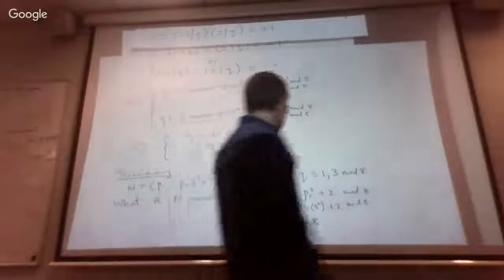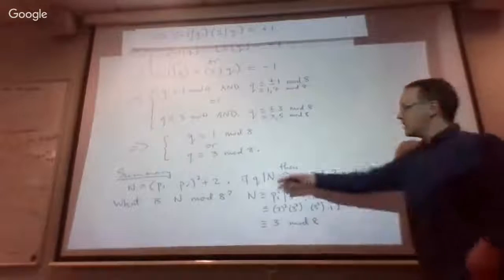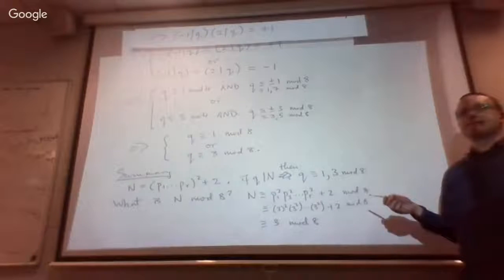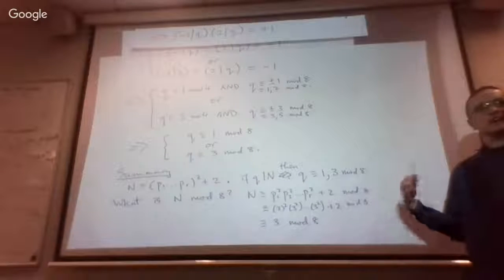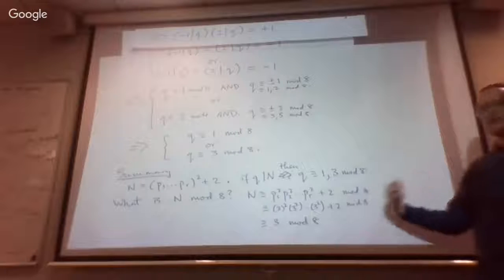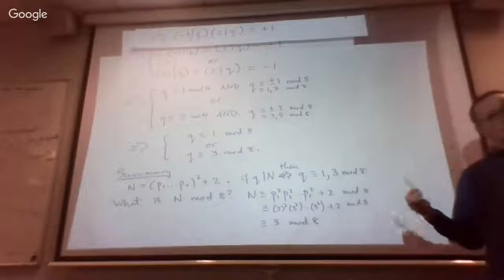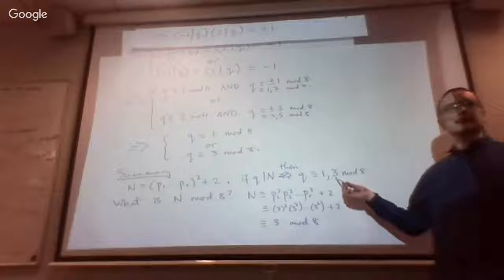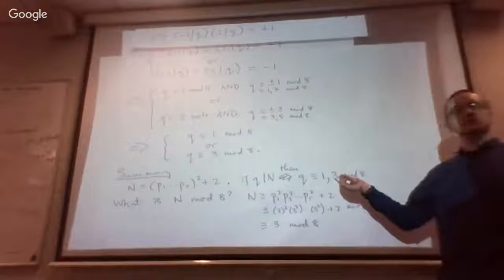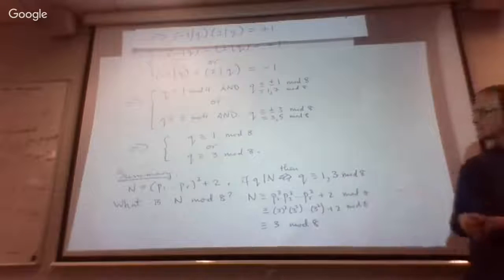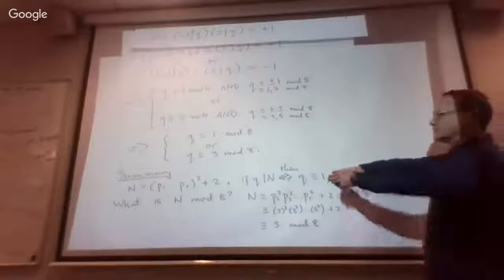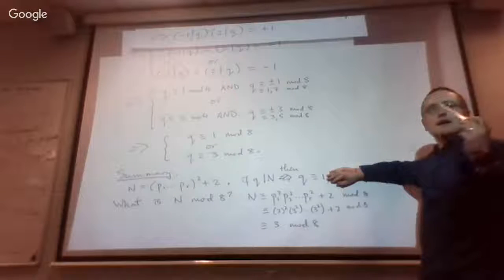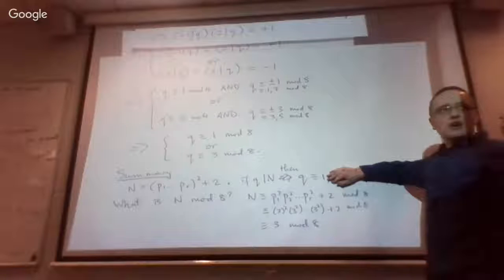So n is congruent to 3 mod 8, and any prime factor it has must be congruent to 1 or 3 mod 8. Can we say that n definitely has at least one prime factor congruent to 3 mod 8? Remember, we're trying to prove an infinite number of primes congruent to 3 mod 8. If that failed to happen, if it was only true that prime factors q of n were congruent to 1 mod 8, remember n is the product of its primes.